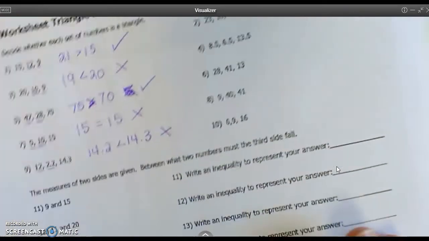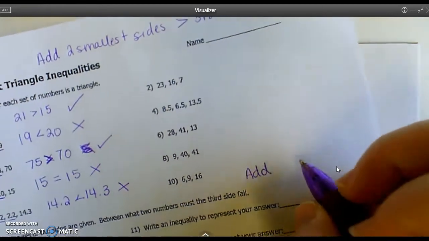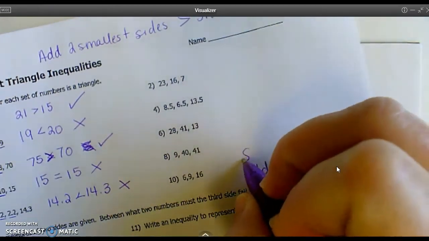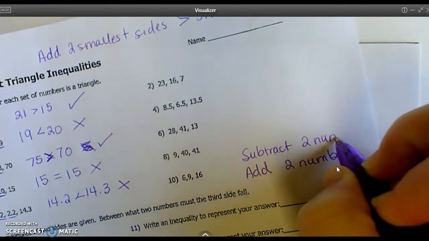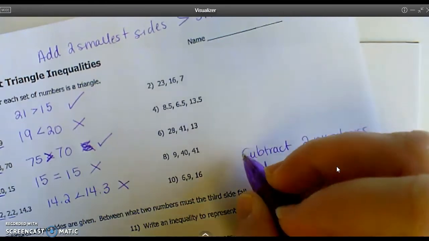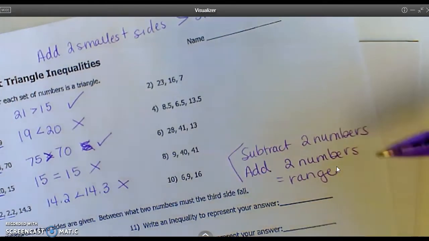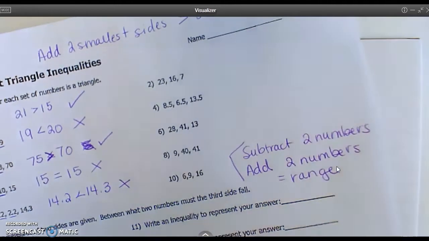And so what you do is you add the numbers. You also subtract the two numbers. And when you do this, that gives you the range. This is the smallest number it could be, and this is the biggest number it could be.